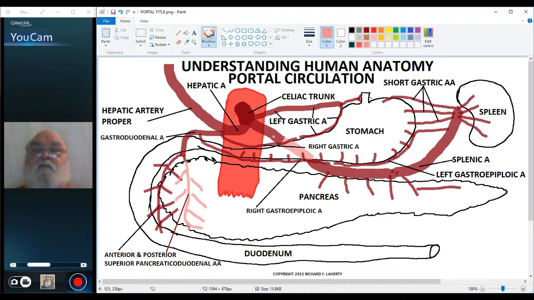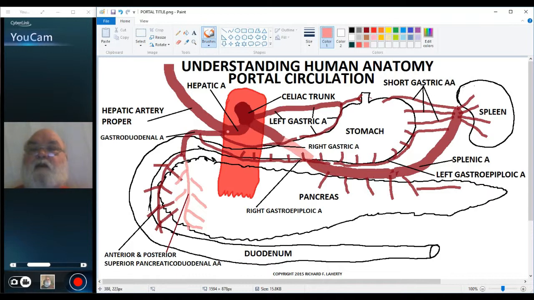The splenic artery will run over and supply the spleen. It'll give rise to the short gastric arteries, which supply mostly the fundus of the stomach, and the left gastroepiploic artery, which runs along the greater curvature of the stomach.